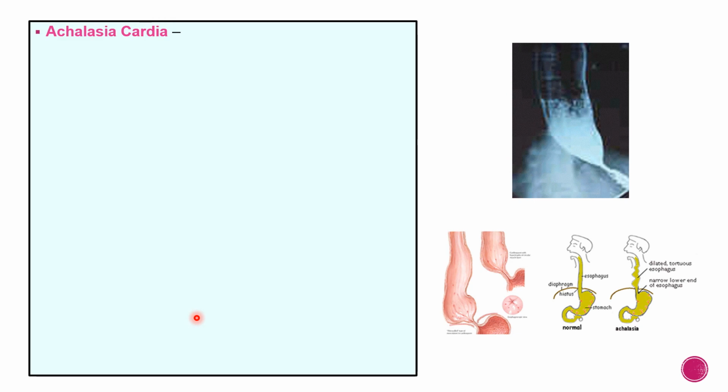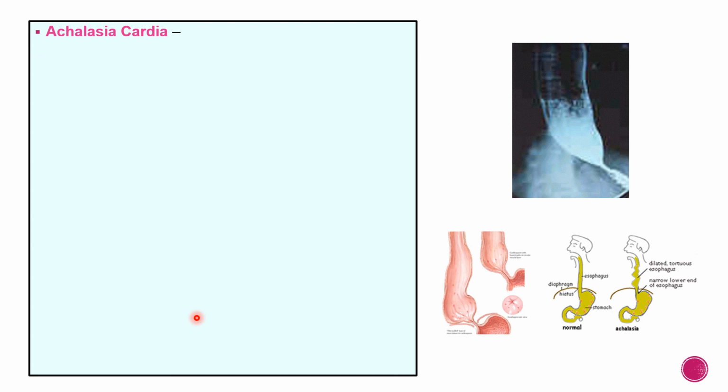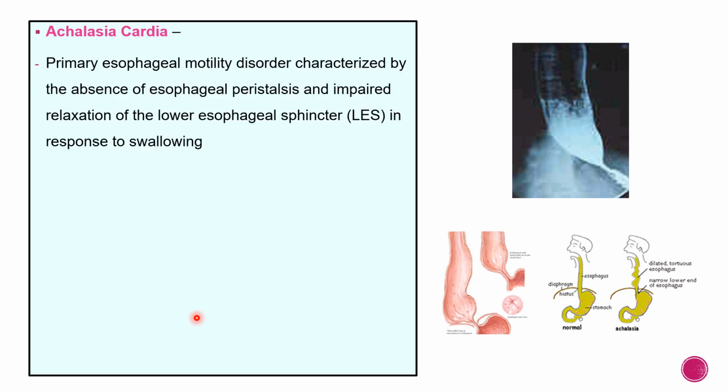Okay. Now there are two abnormalities with this swallowing process, that is achalasia cardia and GERD. So what is achalasia cardia? These have opposite effects. This is a primary motility disorder characterized by absence of esophageal peristalsis and impaired relaxation of the lower esophageal sphincter in response to swallowing.